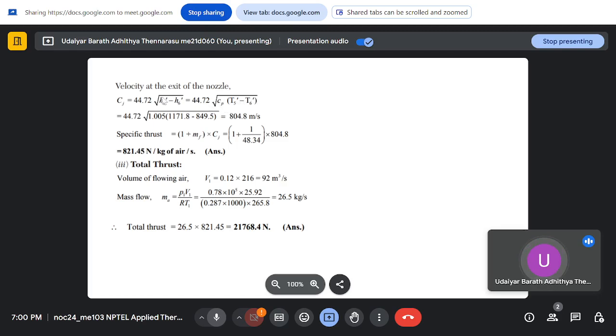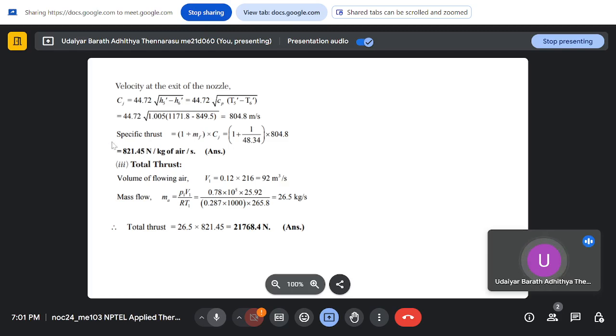Here the enthalpy changes in kilojoule per kg. So it becomes 44.72 into root of 1.005 into my temperature 1171.8, which is T5 dash, minus the exit temperature 849.5. With this I can find out the exit velocity of the jet is 804.8 meters per second.